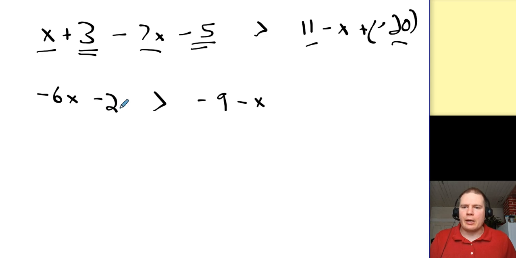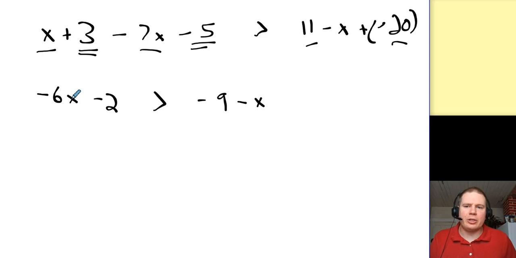Right? Well, I can either add 6x to get rid of this term, or add 2 to get the identity here, or add 9 to get the additive identity here, or add 1x to get the identity here. Or I could divide everything by negative 6 to get the multiplicative identity for this coefficient. But I definitely don't want to do that.